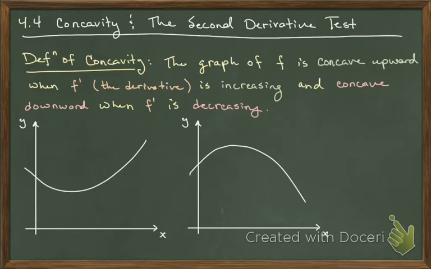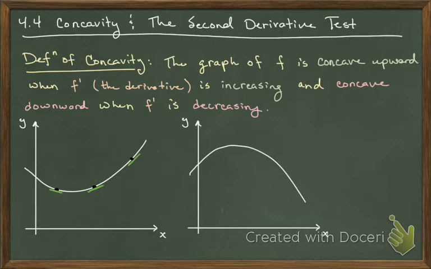Okay, and I'm trying to illustrate with these two pictures here, these two graphs. These are just of some general functions, f or g, whatever you want to call them. And we notice here that the graph on the left has a couple points here. If we go from one x to another, we notice that the tangent lines at these points are below the curve.